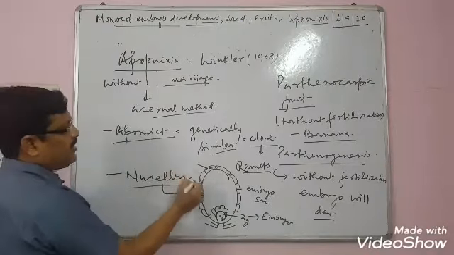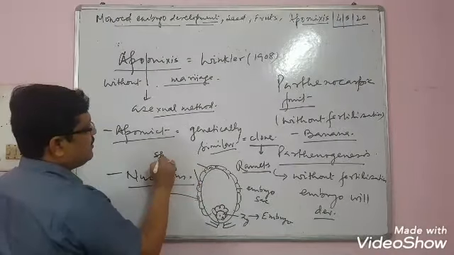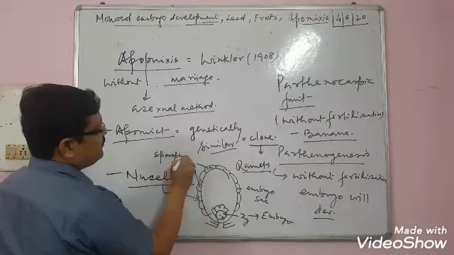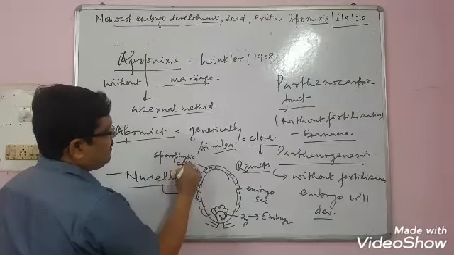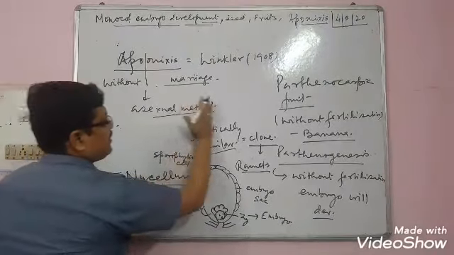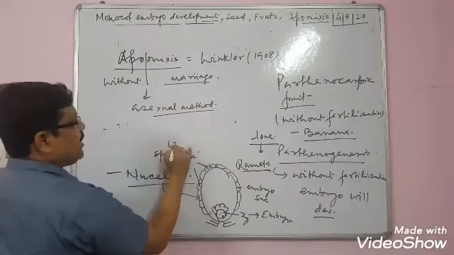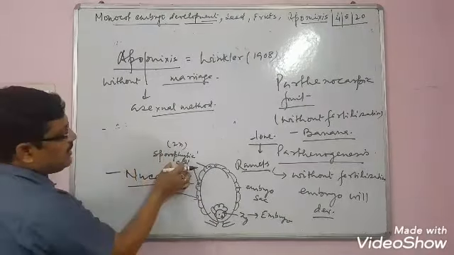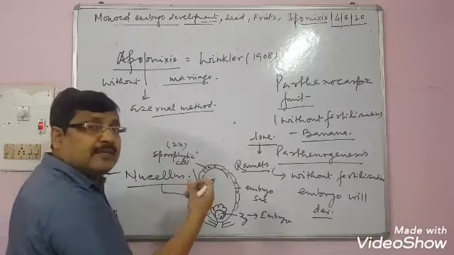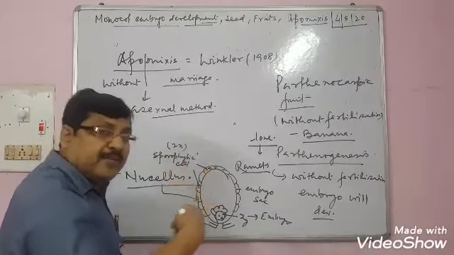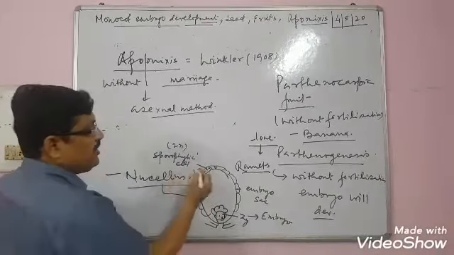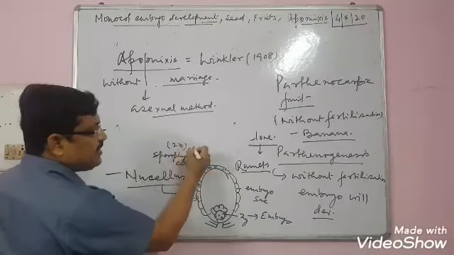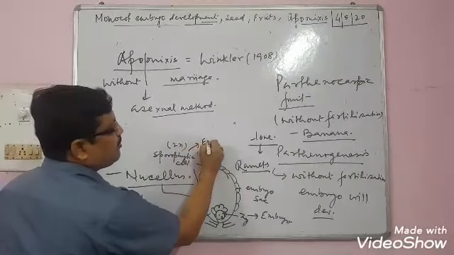These sporophytic cells behave like a diploid structure, and behave like zygote. So it will divide, and when it divides, it may form an embryo.